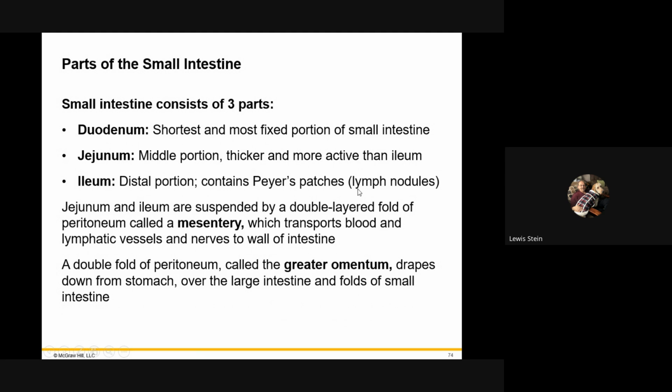What's left over, are there problems? Lymph nodes are there just for that purpose. Did we miss something that could be a source of infection? Bacteria, a virus, an invader. So, and again, they're all suspended in the mesentery because there's a lot going on. They need a lot of blood supply going in. They're transporting a lot of the stuff in and transporting it out.